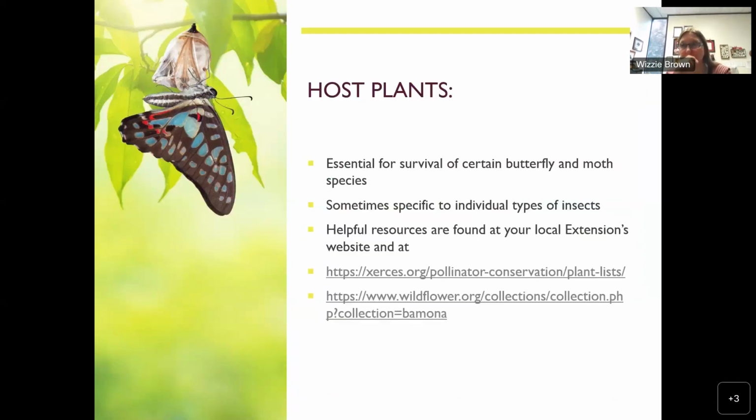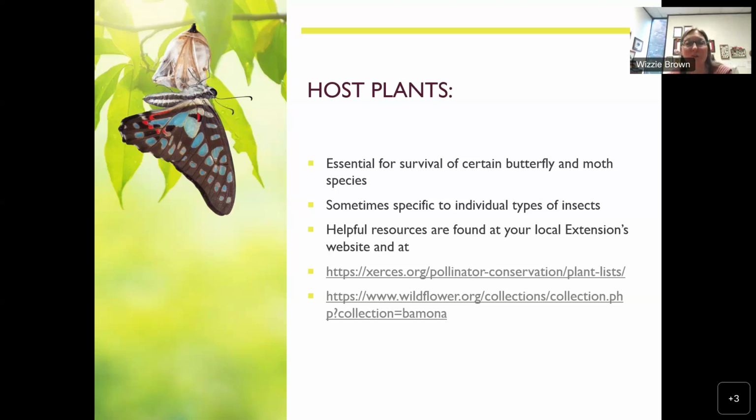So, excuse me, host plants. These are going to be essential if you are somebody that is fascinated with certain types of butterflies and moth species. When you're looking at having a butterfly garden to see that process and see the caterpillars and the pupa and the adults, it's really important for you to know what host plant that particular caterpillar is going to feed on, but it turns into a butterfly.